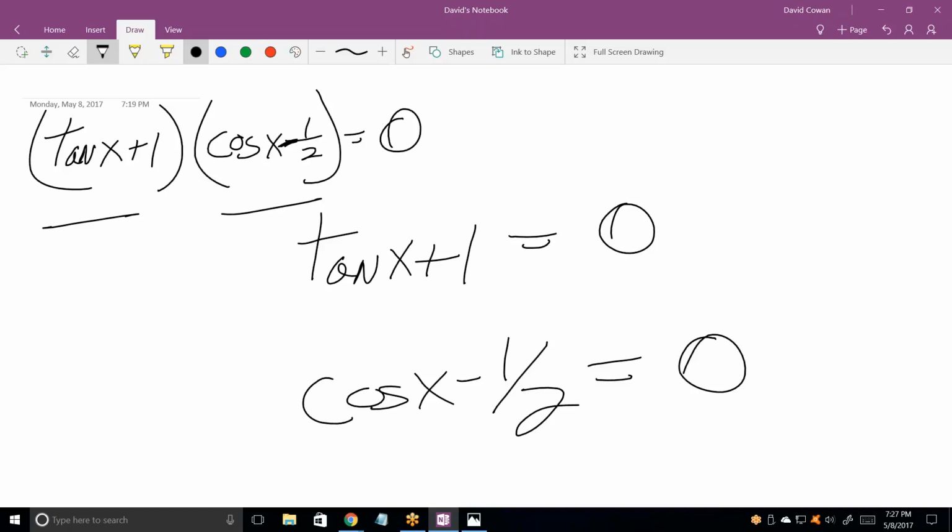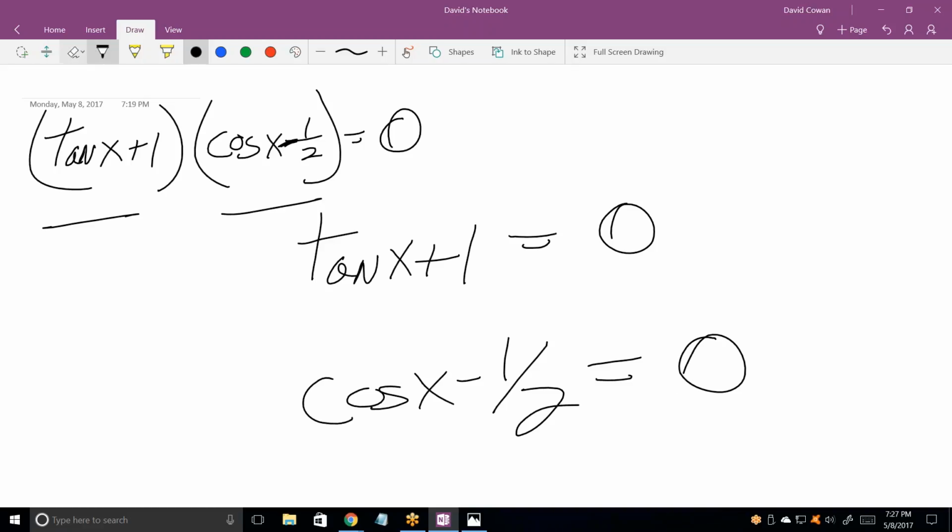That's the first rule of algebra, and I mean the first rule. If somebody ever asks you what's the fundamental rule of algebra, this is it. If you have two things multiplied together equals 0, then one of them has to be 0.